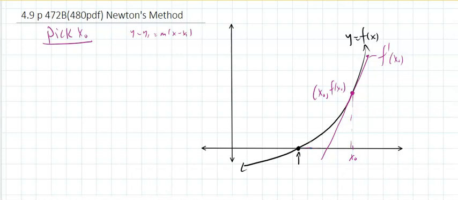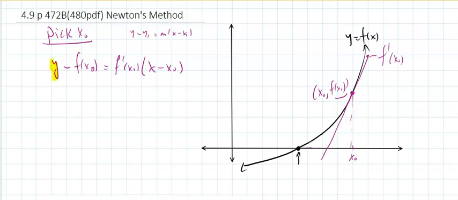Well, let's see. y minus y1, which is f of x sub 0, equals f prime of x sub 0, the slope of the tangent, times x minus x sub 0, right?